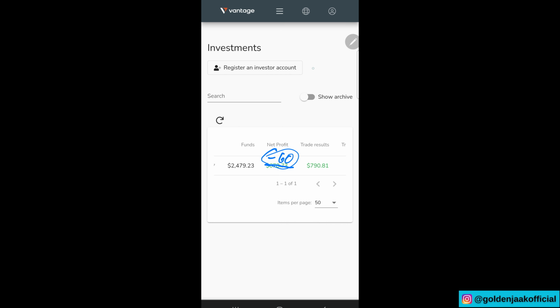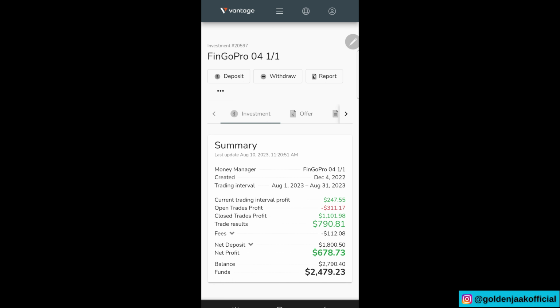So always make sure to go into the detailed view and just look at those two numbers, net deposit and balance, to find out what the actual result for your account is so far.